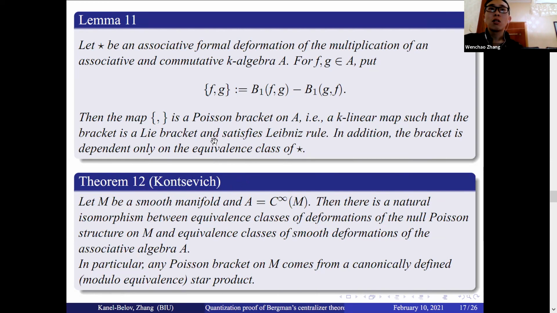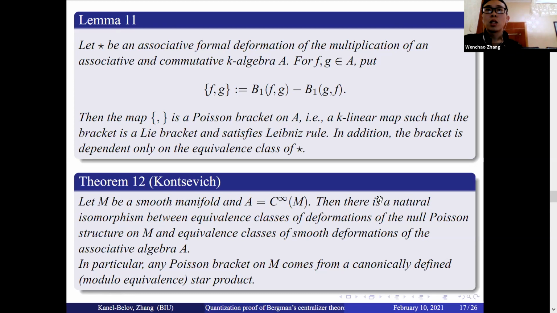Kontsevich shows that if we have a smooth manifold M and A is the smooth functions on M, there is a natural isomorphism between the equivalence classes of formal deformations of the Poisson structures on M and the equivalence classes of smooth deformations of the associative algebra A. So in particular, any Poisson bracket on A comes from canonically defined star products.